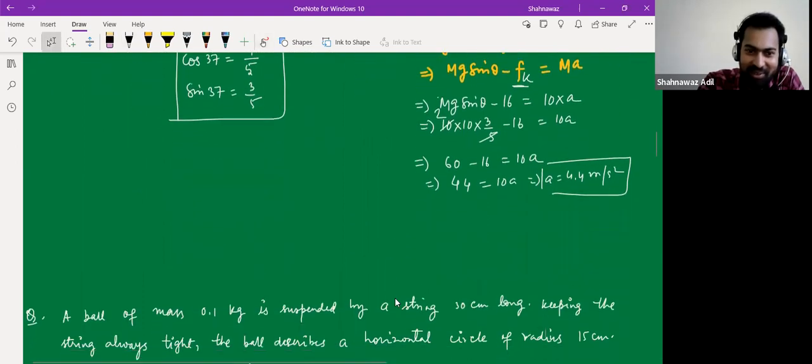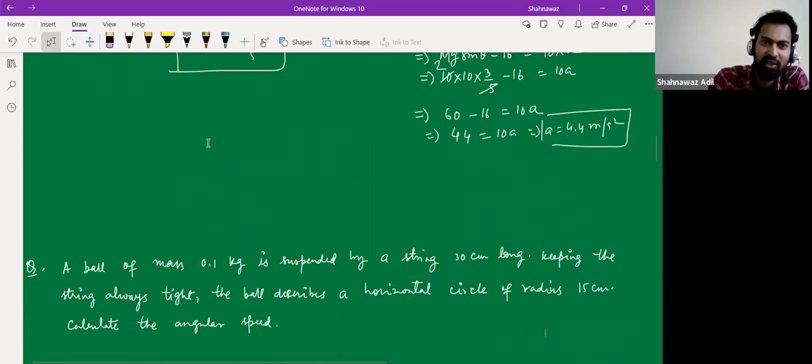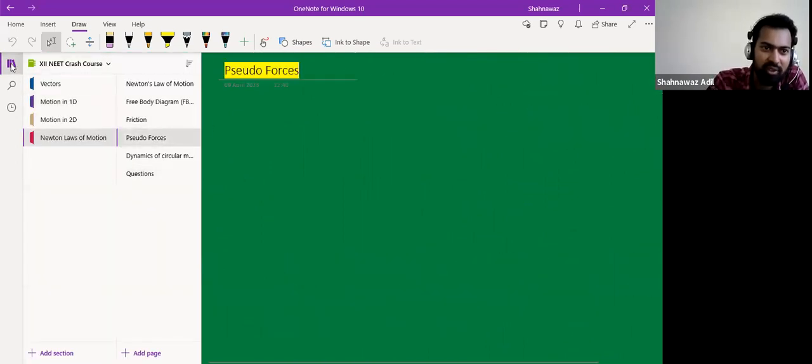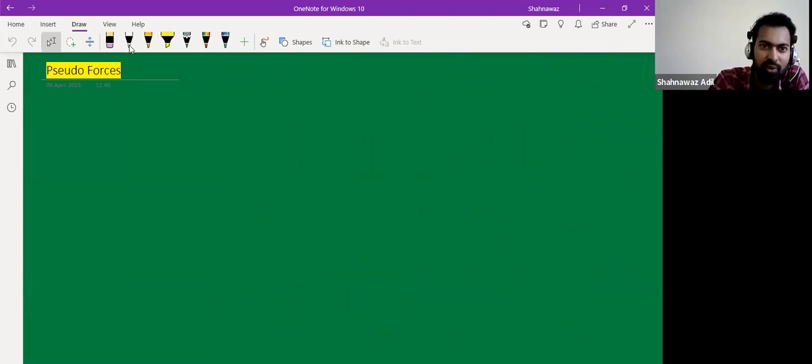Okay. So this was about the friction on an inclined plane and friction for a moving body on a straight path, right? So the next topic is the pseudo forces, right? So for pseudo forces, first we have to know about the frame of reference.